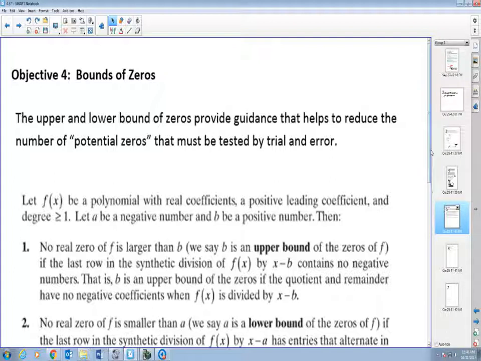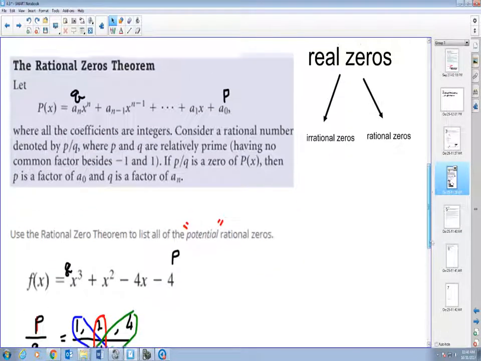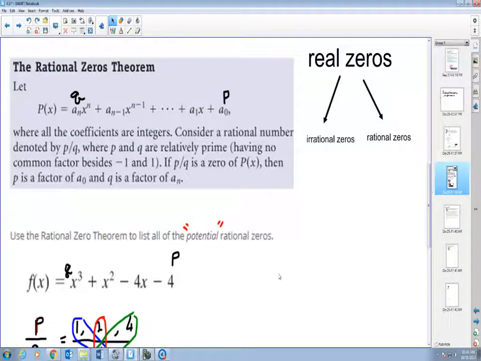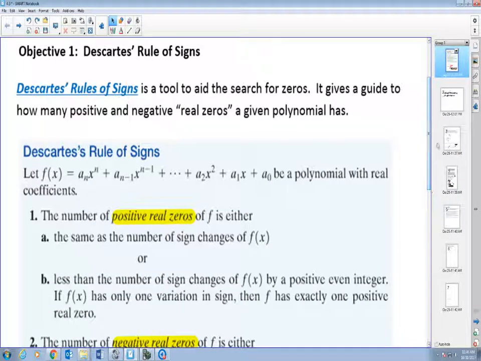This is kind of a very strange idea today, because today we use a graphing calculator to do a lot of legwork for us. Back in the day, before the graphing calculator was ever invented, it makes sense that when we talked about the rational zero theorem, where we got a list of P over Q, we also had the Descartes rule of signs that gave us a guide on how many positive and negative real zeros we can have.